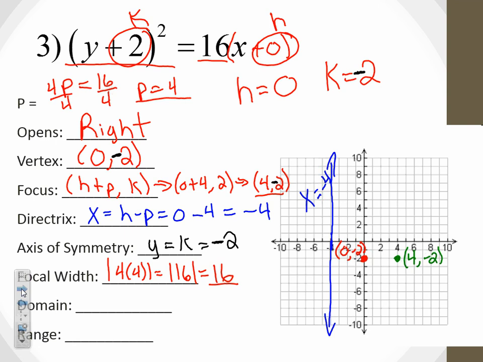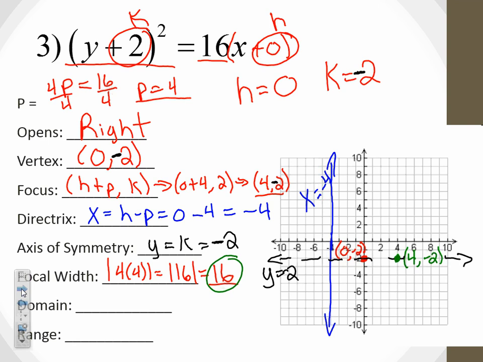Axis of symmetry is always where it goes through my vertex and my focal point. And this one is going to be y equals -2. Having a difficult time with that negative today. Now, last thing we have to do is create our parabola. So we have 16 here. Our whole width is 16, but if I start at my focus point, it's half of that. So I need to go half of 16, which is 8.